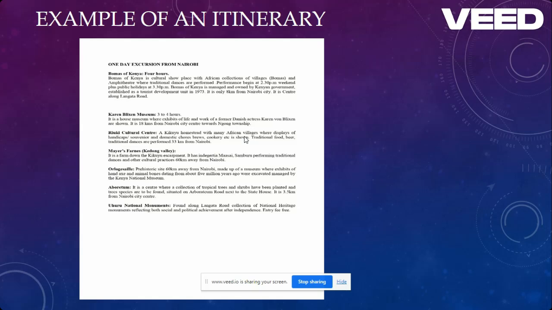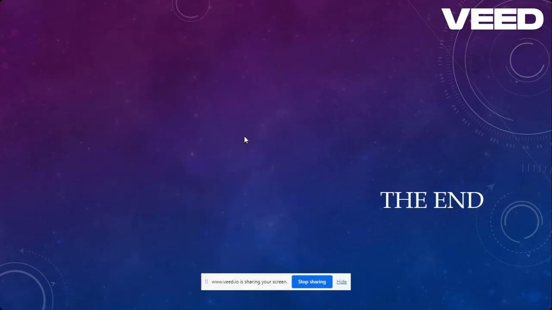They can hire a vehicle to the place. And then we have the Uhuru National Monument along Langata Road, a collection of the monuments for both the social and political achievements after independence, and it has a free entry. So this is an example of an itinerary that one can come up with for a one-day excursion or a city tour. Thank you.